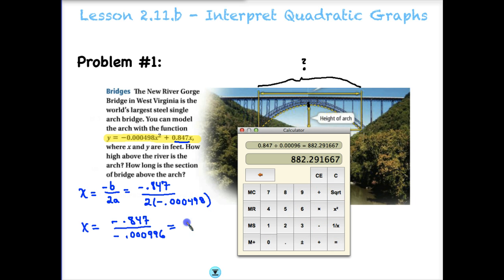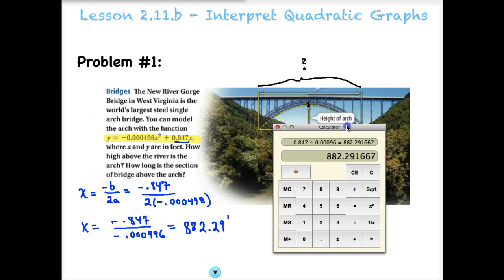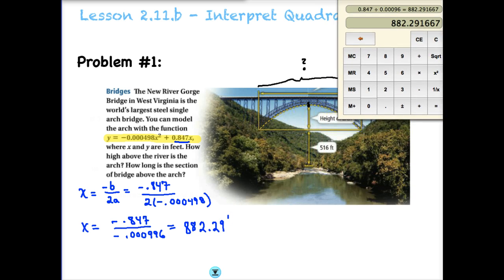All right, great, that makes a little more sense to me. That's 850.402, which we'll round to the hundredths place. This is in feet. We'll save our calculator and put it up here for now.